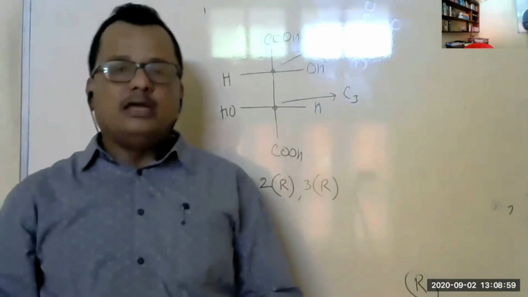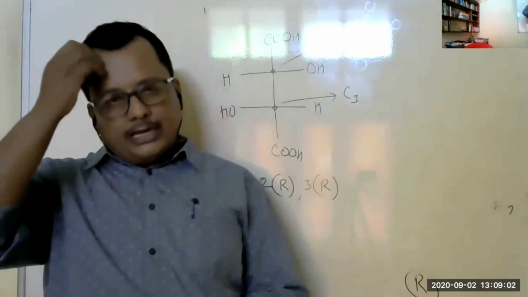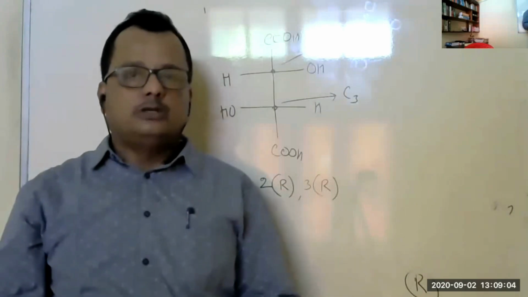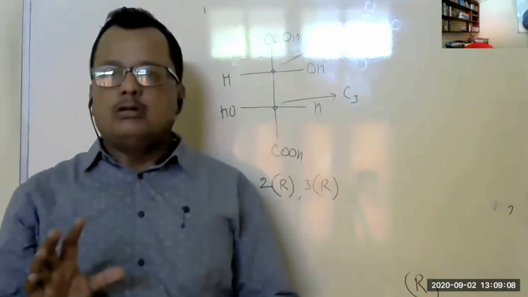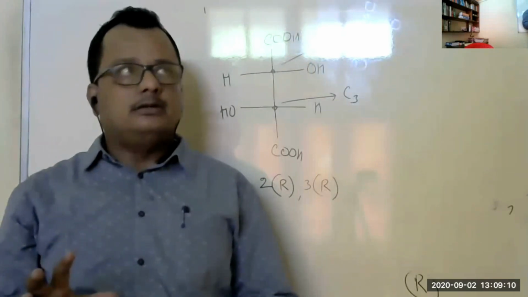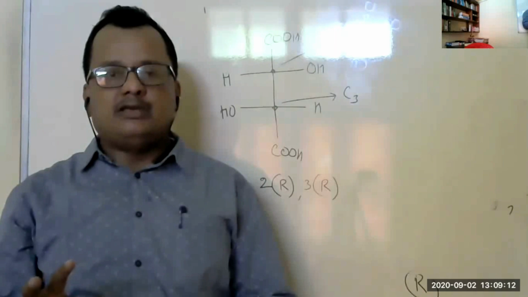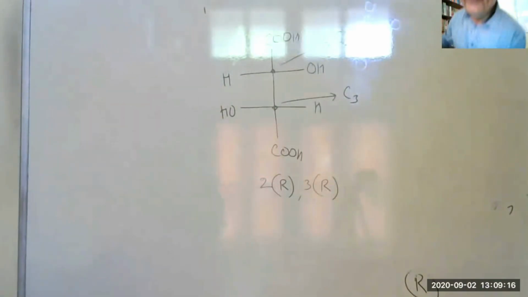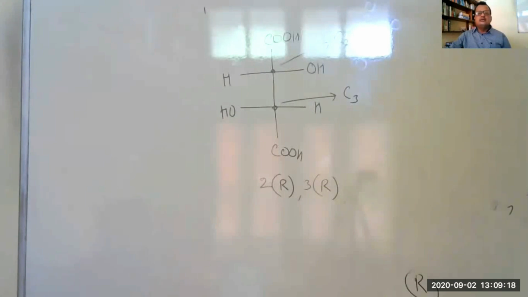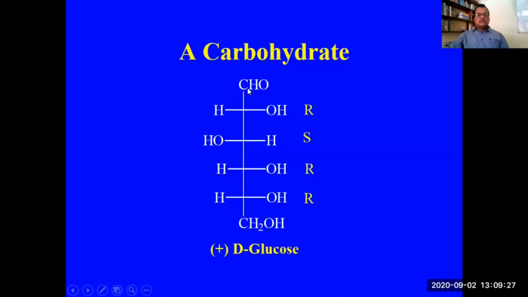So in a similar way, we can assign configuration to glucose. And for glucose, you have seen that there are 4 stereocenters, and each one is having independent configuration. So this is your glucose molecule. 4 carbon atoms.